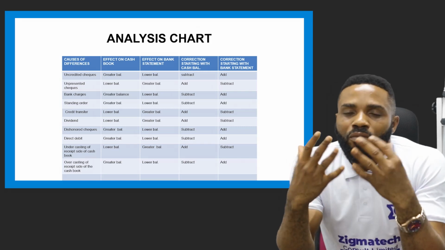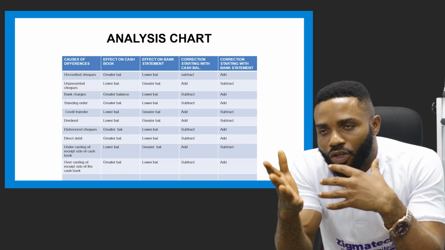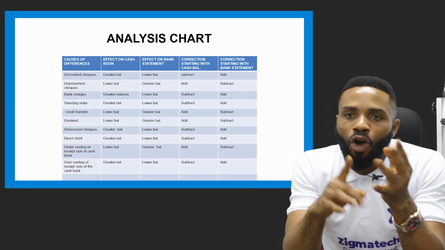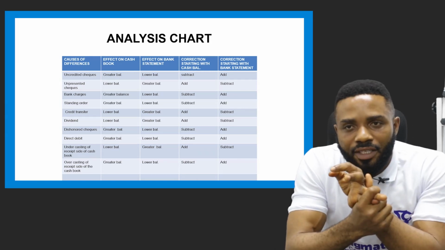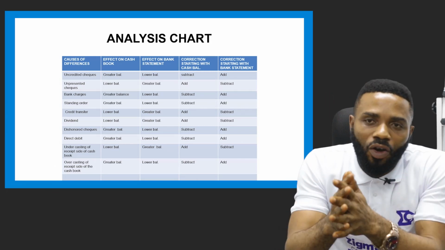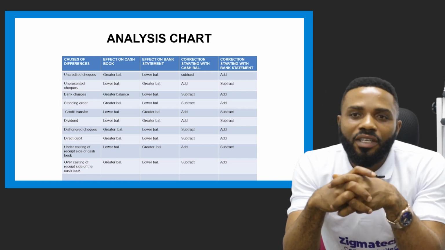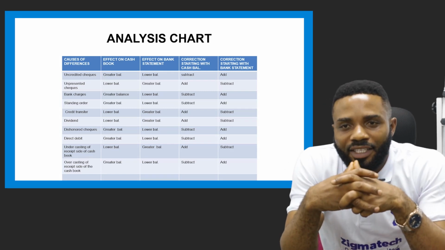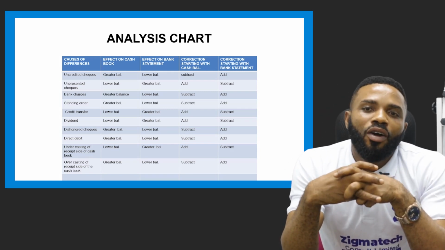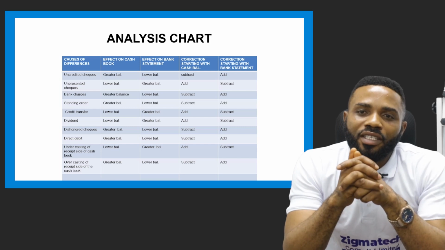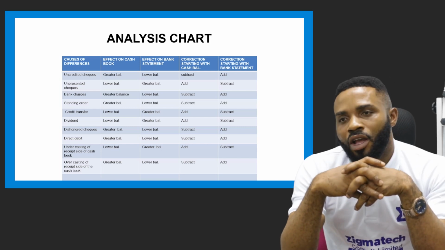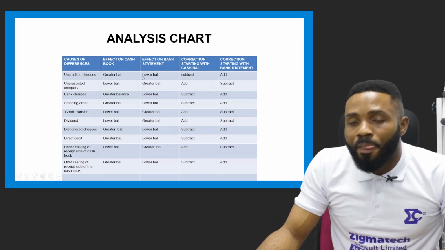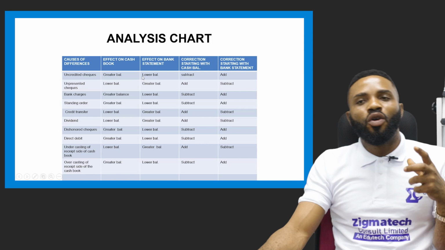And then we said some reasons could cause the bank statement not to agree with the cash book. And we said they are unpresented cheque, uncredited cheque, bank charges, standing order, credit transfer, dividend, dishonoured cheque, direct debit, undercasting of receipt side of the cash book, overcasting of the receipt side of the cash book.